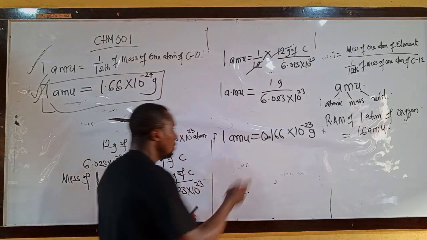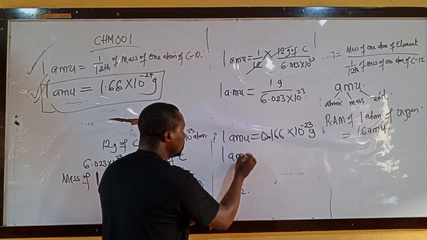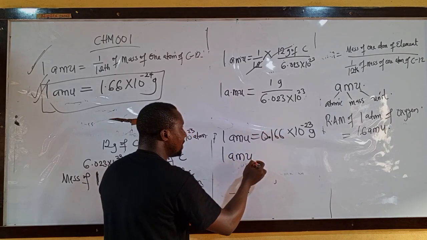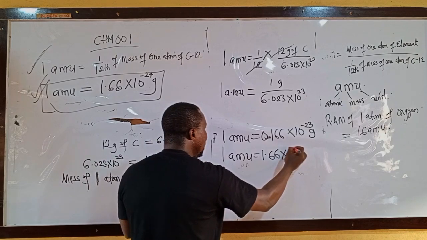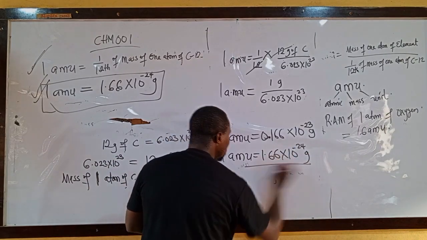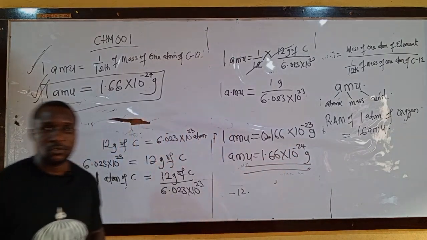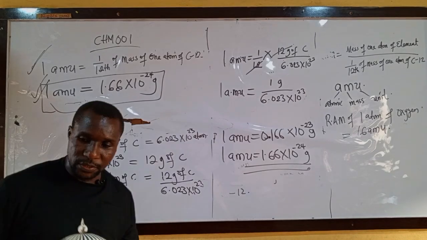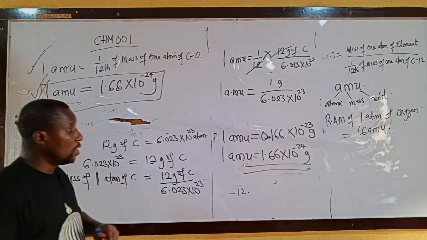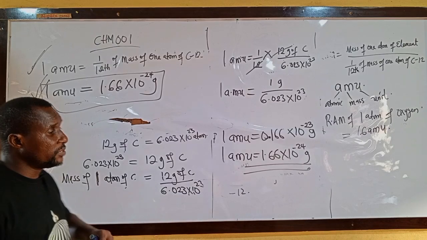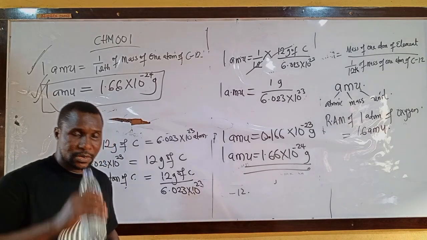Taking it to a proper standard form, we have 1.66 times 10 raised to the power minus 24 grams. Please take note of that. You can pause the video and look at that. One atomic mass unit equals 1.66 times 10 raised to the power minus 24 grams.